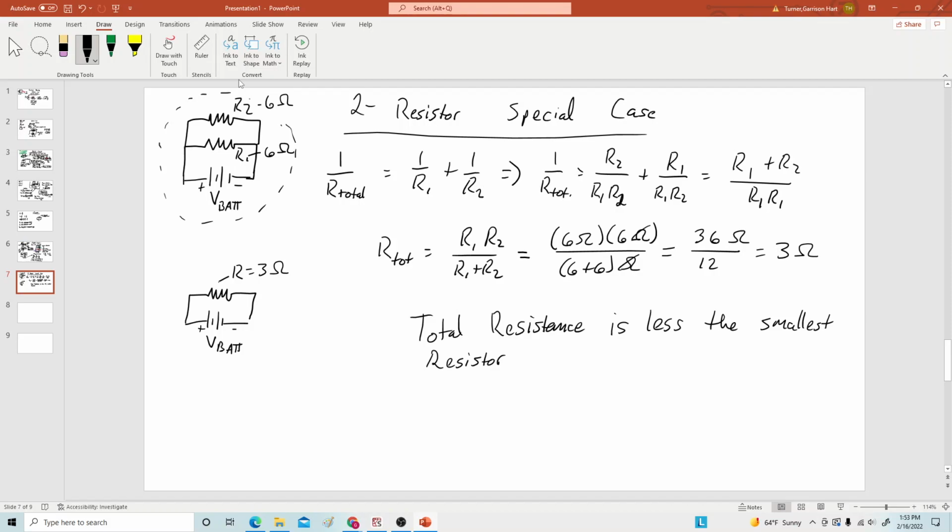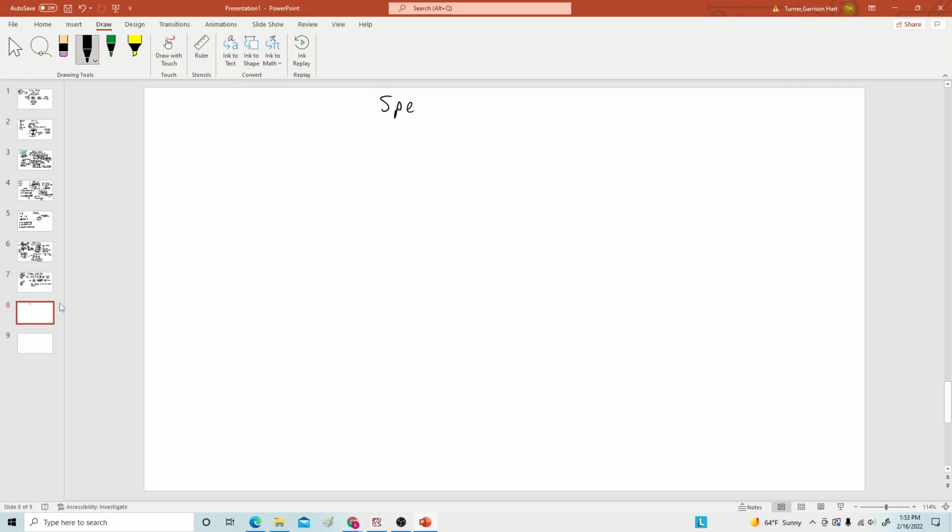Now, special cases. Special cases are, one, when your resistors are equal. In that case, what we just saw, your total resistance is going to be R1 R2 divided by R1 plus R2.